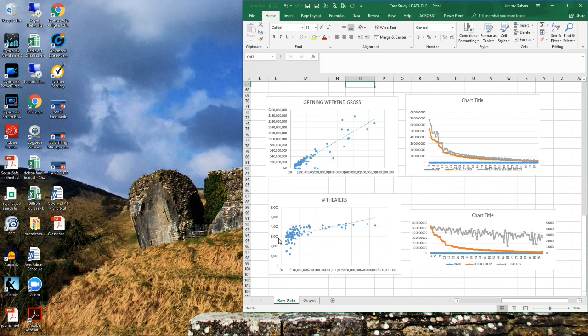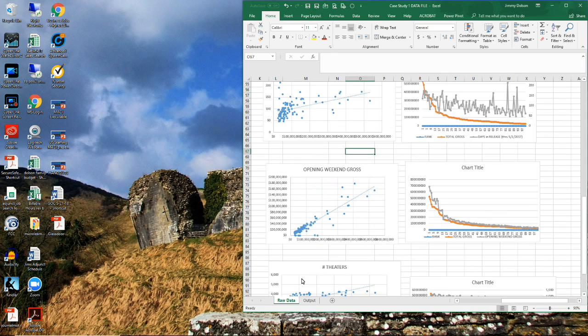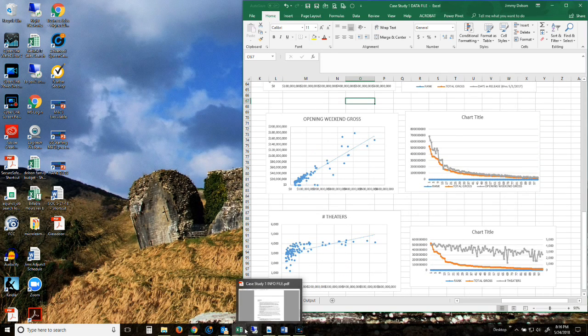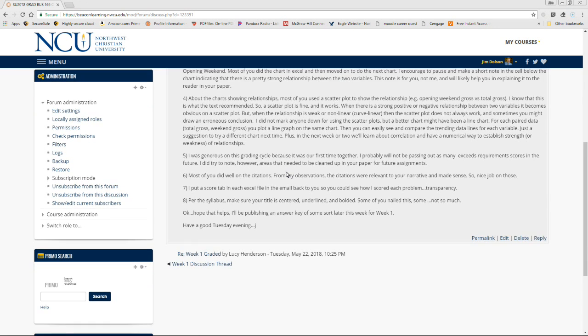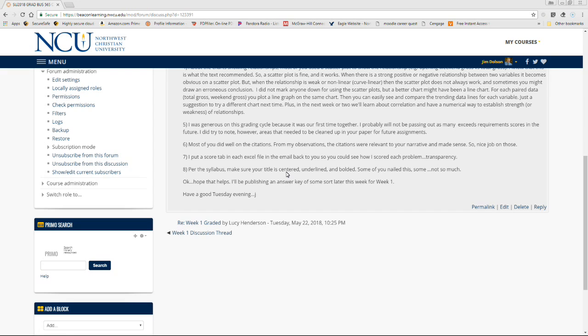Now, if you were to analyze just this area, you might have something. Or if you analyze just this area, it's two different analyses. So it's a bimodal analysis. Anyways, my whole point is be very, very careful when you're using these scatter plots not to draw wrong conclusions. Okay. And I don't think I took off any points for that. I just pointed it out to you because I don't want you to make that mistake in real life.